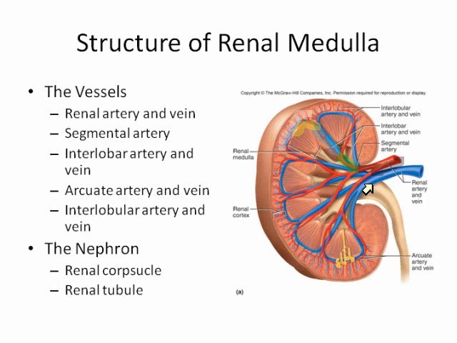So the blood enters, goes around the renal pyramids, which you'll understand more in a couple of seconds. The blood is then filtered. The filtered blood then enters back into the interlobular vein, to the arcuate vein, into the interlobar vein, and exits the kidney in the renal vein.